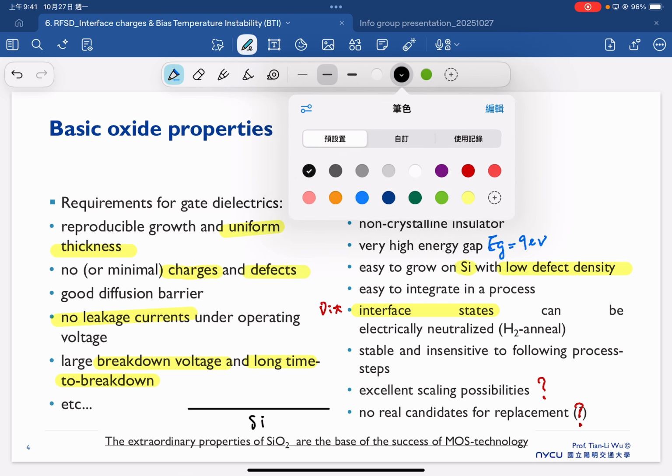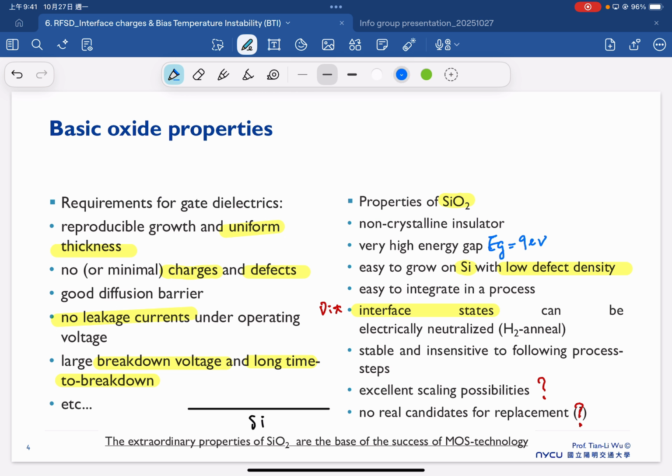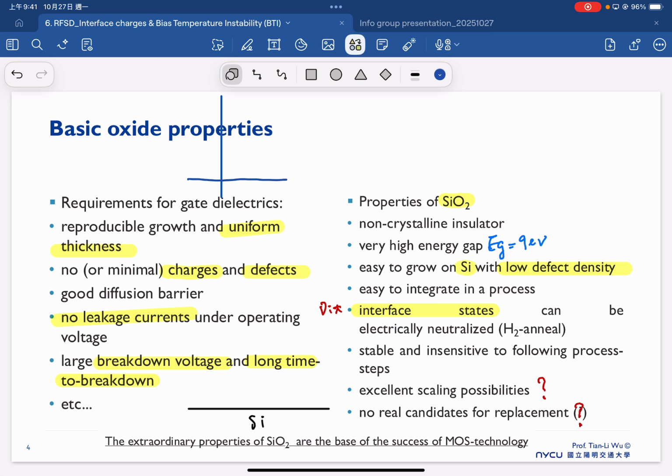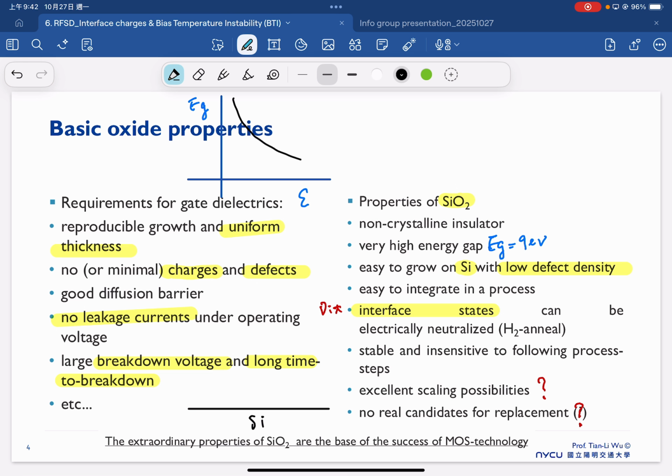Normally this is related to the issue that if you try to plot the band gap versus the dielectric constant, we normally see this kind of trade-off, where the dielectric has a larger band gap.